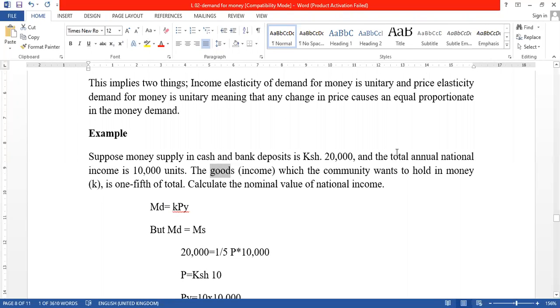Therefore, in this case, remember we say that at equilibrium, money demanded is the same as money supplied, right?